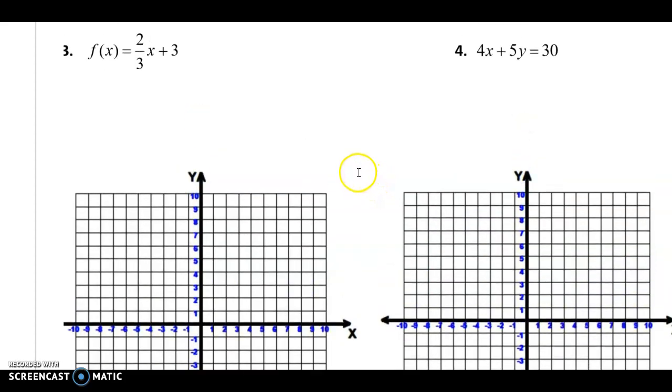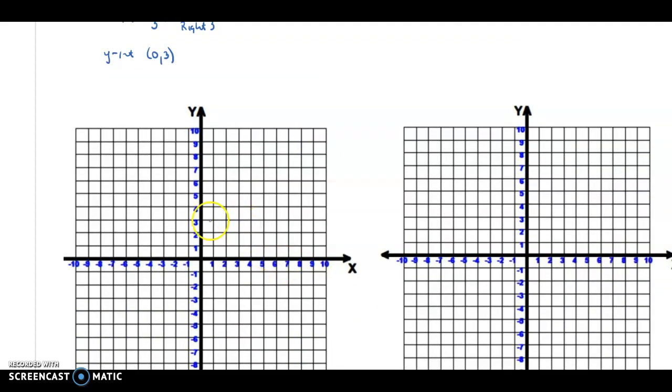Alright, let's look at number 3. What is the slope of this line? That is 2/3. Now that's already a fraction. So all we have to do is go up 2, but now we're going to go right 3. Now my y-intercept is at 0, 3, right? Because my b is 3.